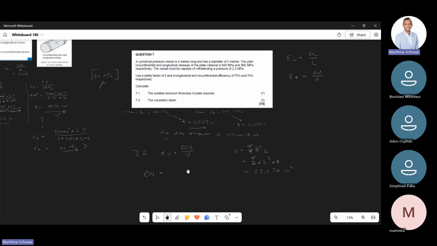We need the change in volume in the volumetric strain. And you'll notice in the past paper, from the April, it'll give you another approach, which is great. So you have two approaches.